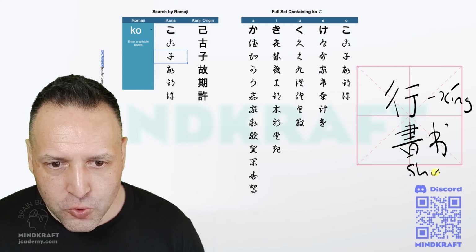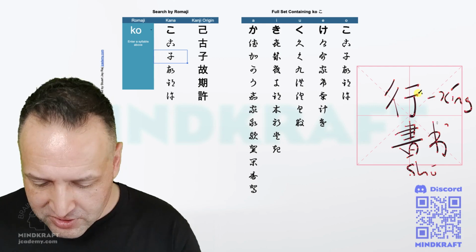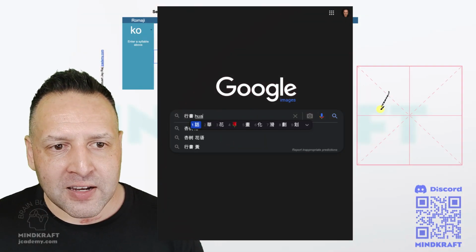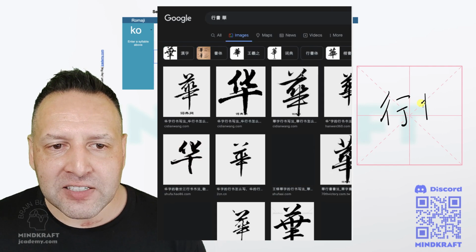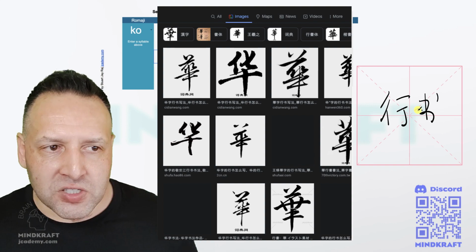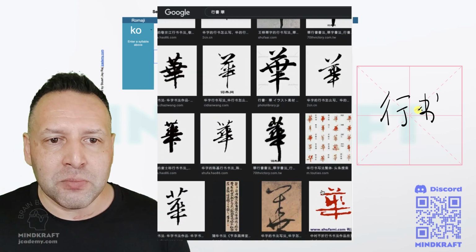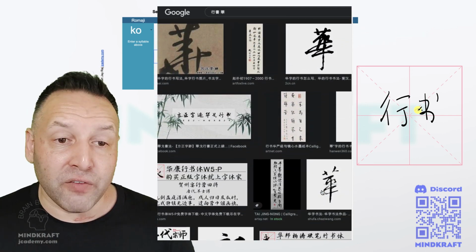So this is shu. So if you type xing shu while you're typing in pinyin, you'll get these characters, or whatever character entry that you can do in Google. But then if you type this along with any of the characters that you want to see the cursive forms of into Google, you'll see them. Just go to images and you'll see all of the different permutations of a given character.